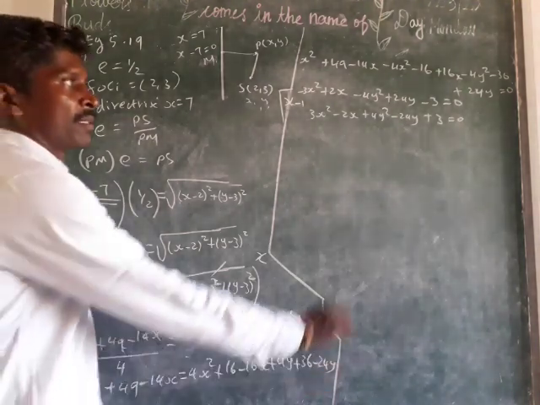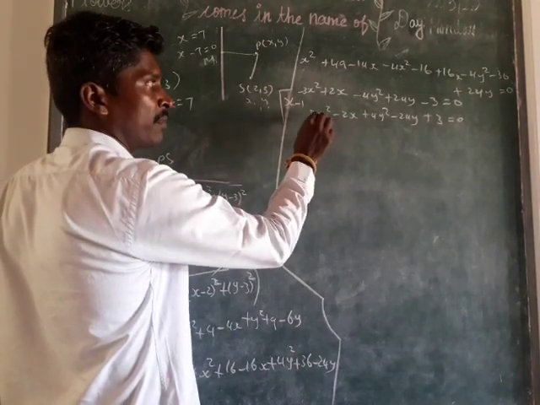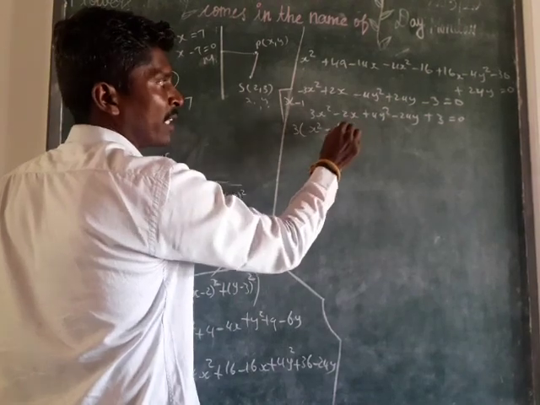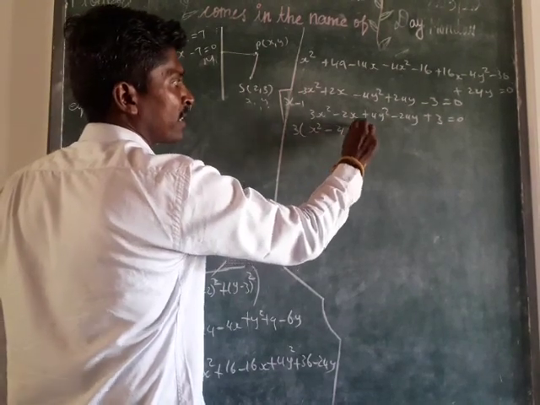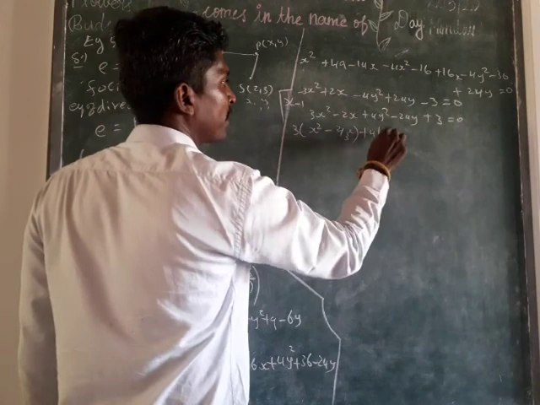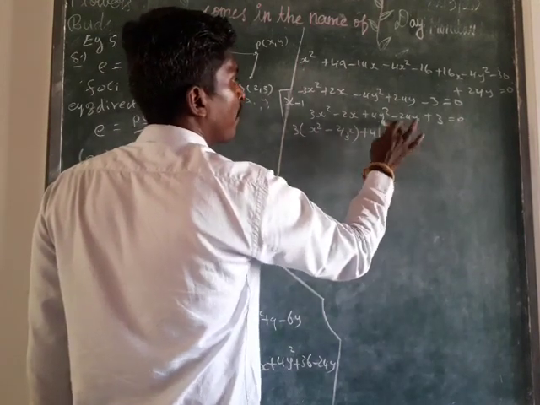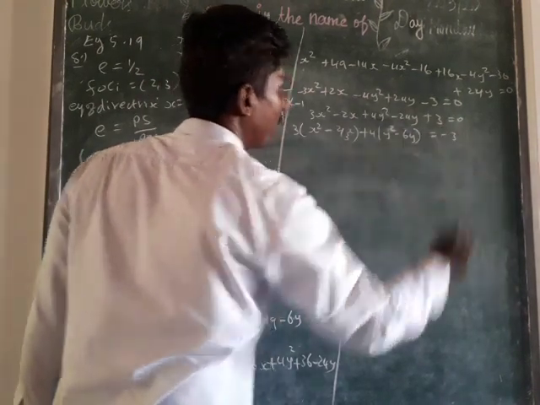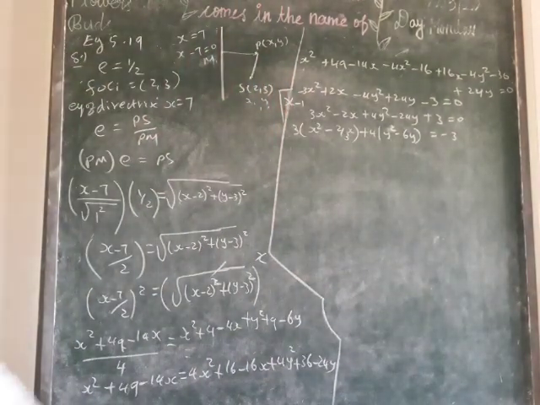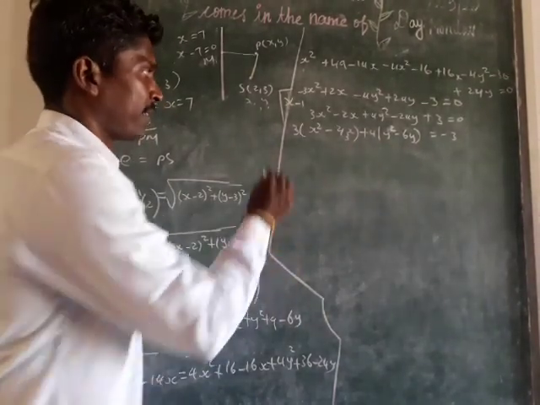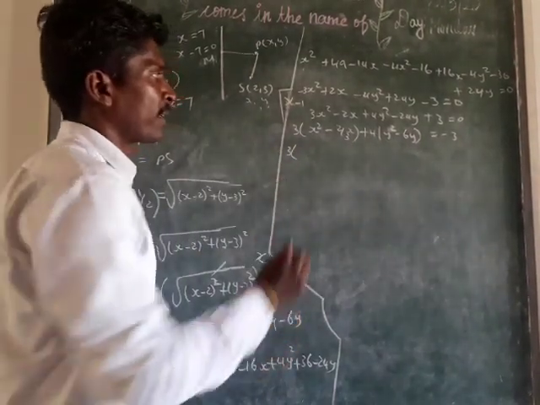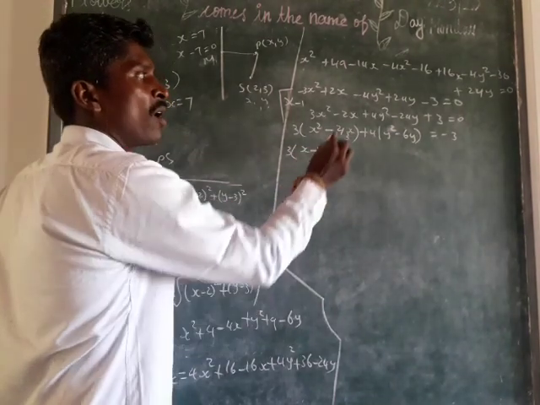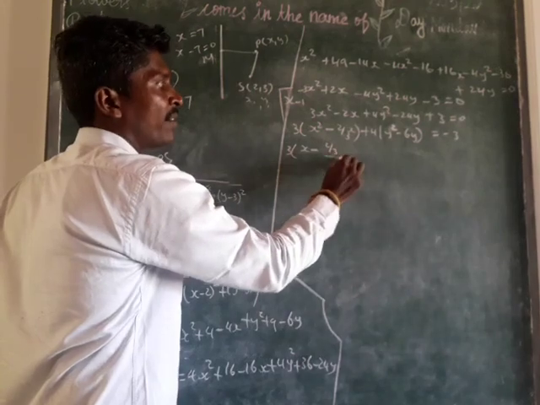How do we use it? First take the coefficient of the x squared term: take 3 common from the x terms, giving x squared minus 2 by 3 x. In the y terms take 4 common, giving y squared minus 6y. Bring the 3 to the other side as minus 3. Now apply the complete square method: the coefficient of x is always divided by 2.